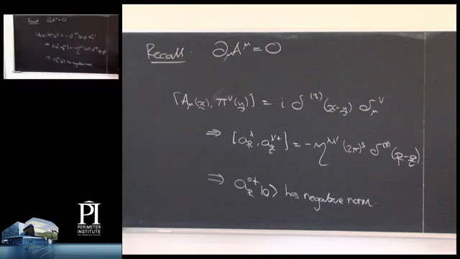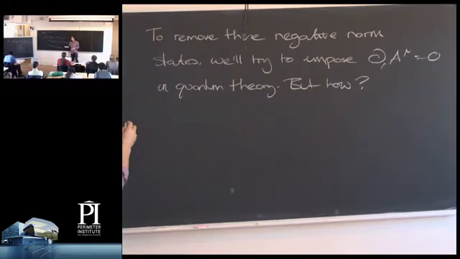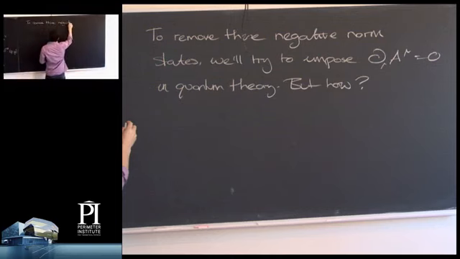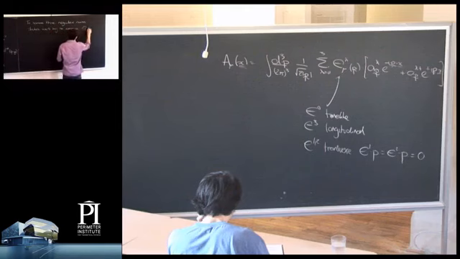Okay. So there's a bunch of choices, and I'm going to give you sort of 3 different options that seem to be weaker and weaker ways of imposing this as a constraint. And we'll actually see that they don't make sense until we get to the weakest possible way in which we can impose this. So to remove these negative norm states, we'll try to impose the constraint in the quantum theory.